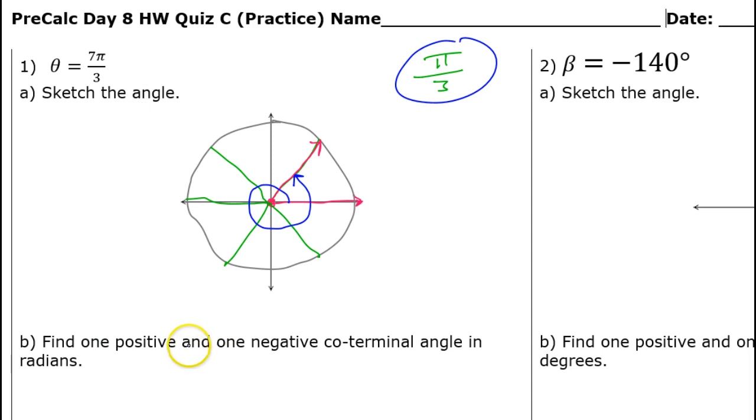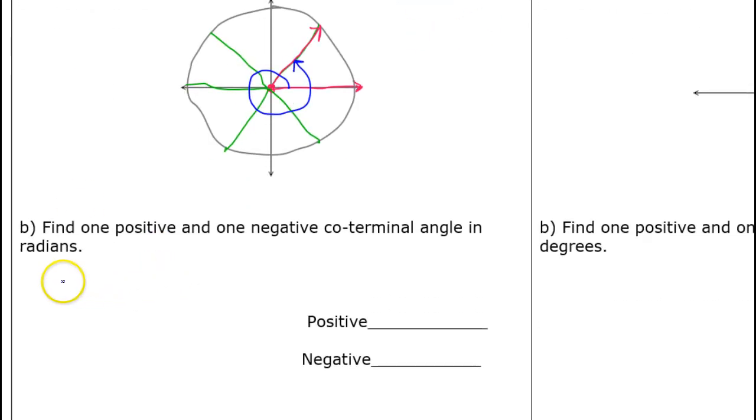Okay, so this 7 pi over 3 is a positive angle. If I want to find a positive coterminal angle, that just means I could go all the way around the circle. That will give me a coterminal angle, another angle that's going to land on the exact same spot.